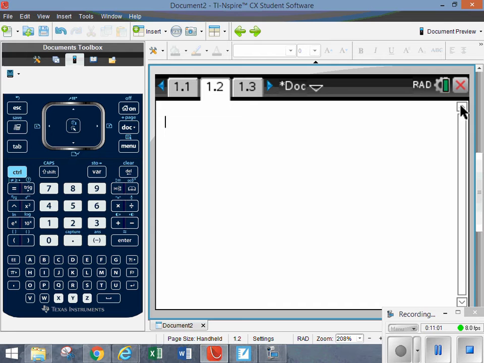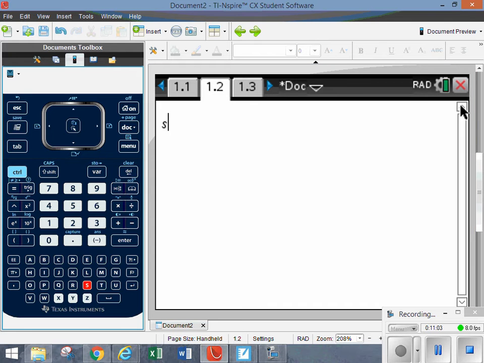So if we type in SUM, whenever you're typing and it goes from italicized to regular, that means that you have chosen a function, something that is predefined in the calculator, like adding a bunch of stuff, for instance. With sum. So we're going to hit sum.